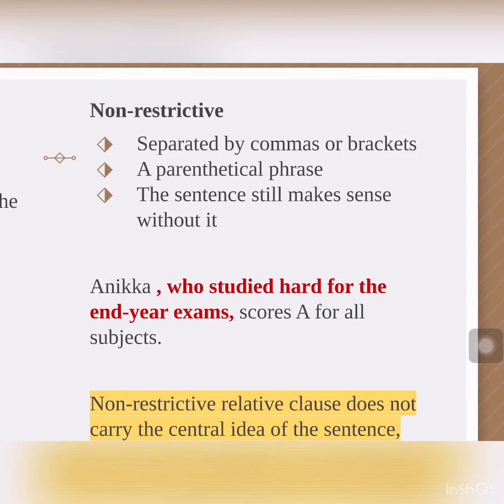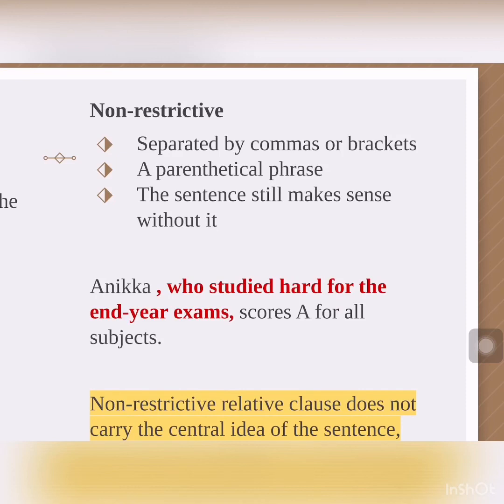The difference between a parenthetical phrase and a non-restrictive relative clause is when you put relative pronouns like who, whom, whose, and that. Okay, like Anika, who studied hard for the annual exams, scores A for all the subjects.